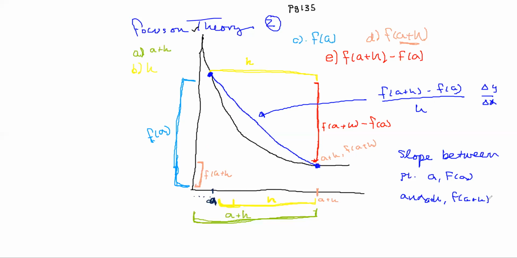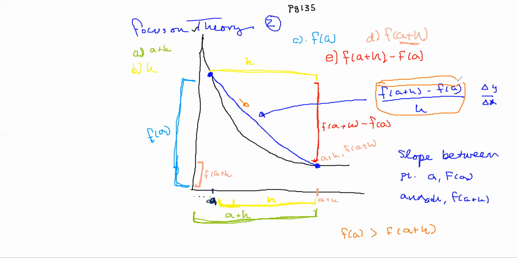Okay, how about this? Maybe I drew it wonky the way that it is, but is the slope positive or negative? It's going to be negative, which implies that f of A is larger than f of A plus h, right?